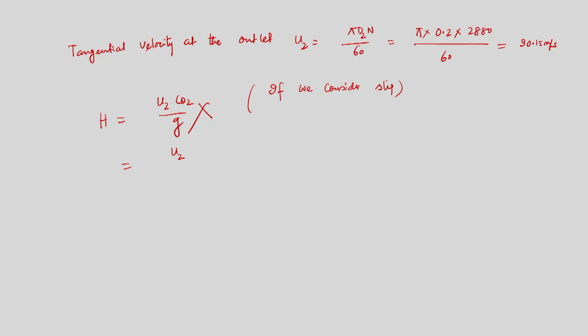Okay, if we consider the effect of slip, then the component of absolute velocity in the tangential direction will be c theta 2 prime. That is what determines the head developed by the pump. Now, I am drawing the velocity triangle again.